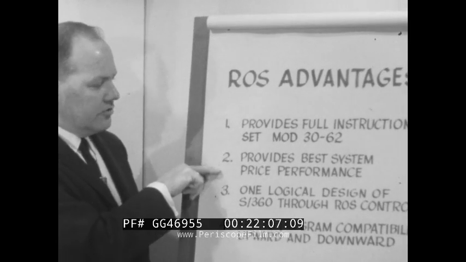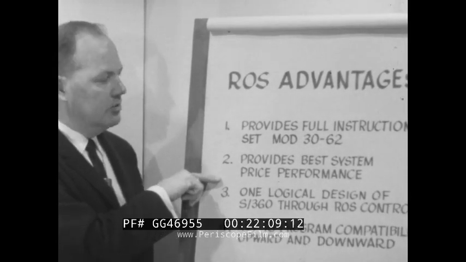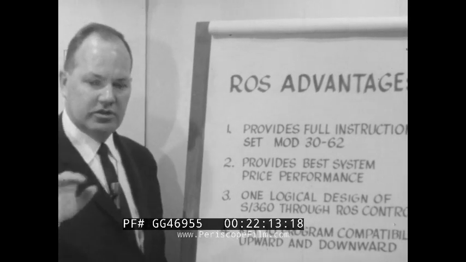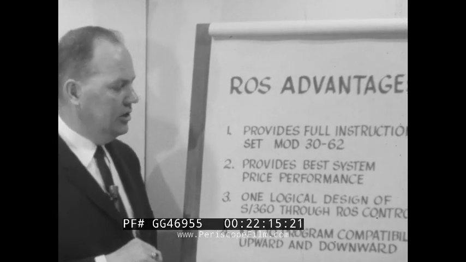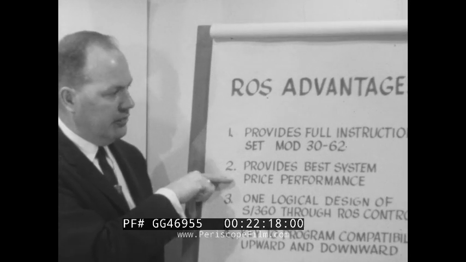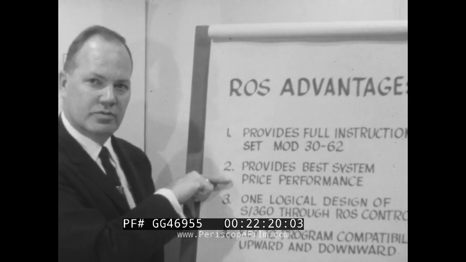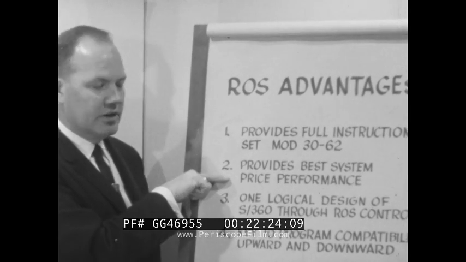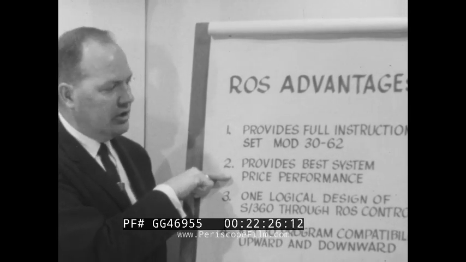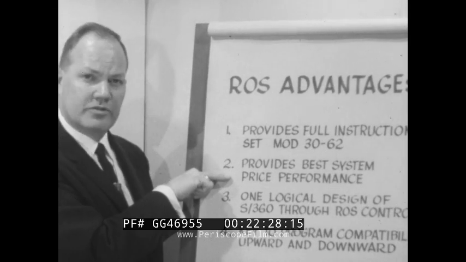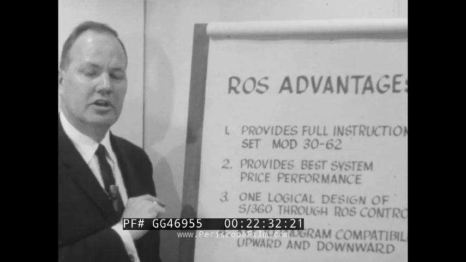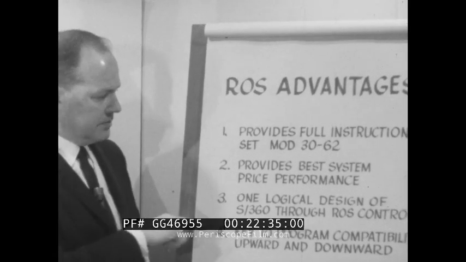It provides the best system price performance because, through the use of read-only storage and the different types that I've indicated here, we are able to allow a full instruction set performance on a small machine, balanced to its throughput performance, as well as allowing a very comprehensive system like the Model 60, 62, with its full instruction set identical to the 30, matched to its throughput performance.